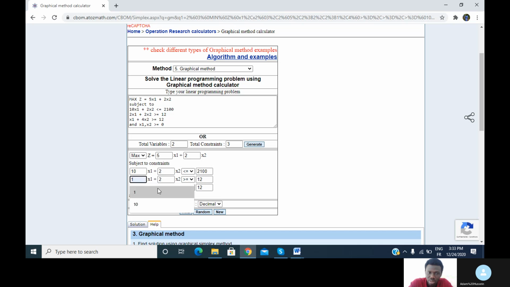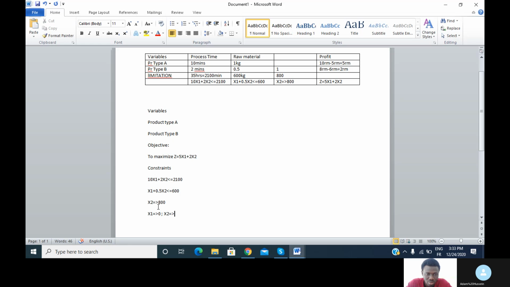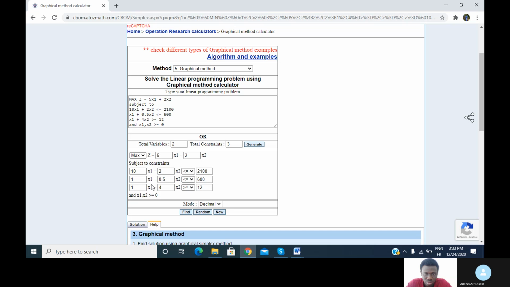And the last one is x2 equal or more than 800.